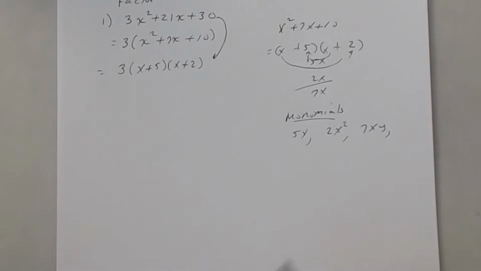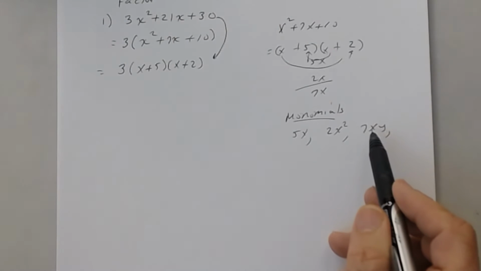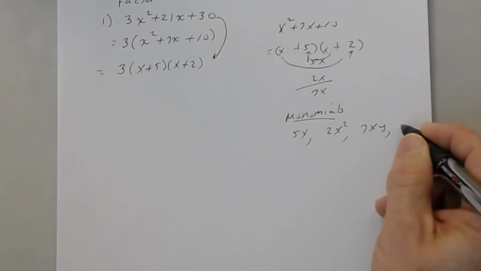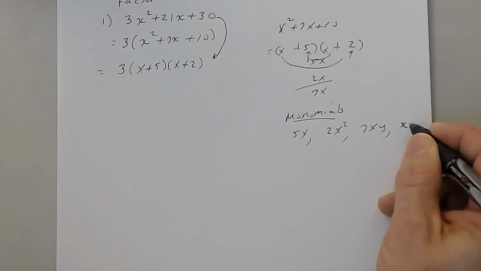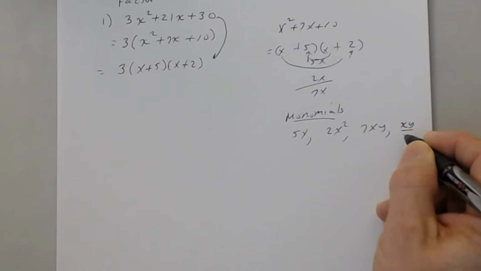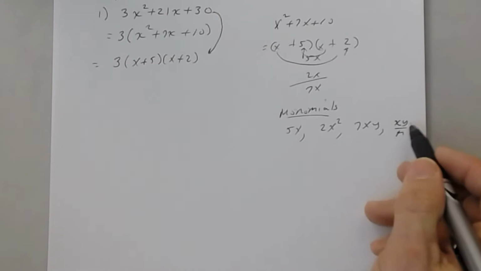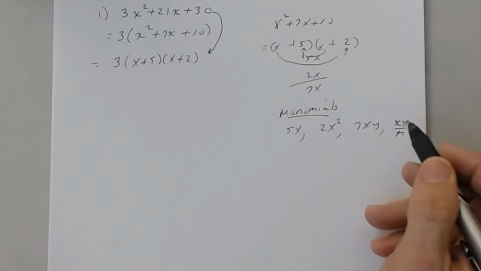7xy, the only operation you see is multiplication. That's it. You could also have xy divided by m. All right, so those are monomials. The only operation you see is multiplication or division.